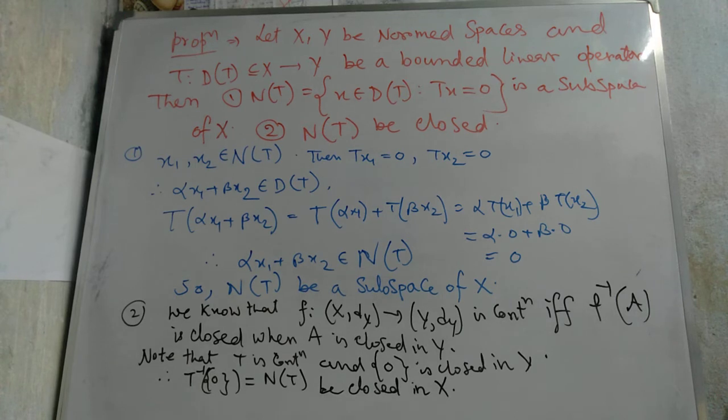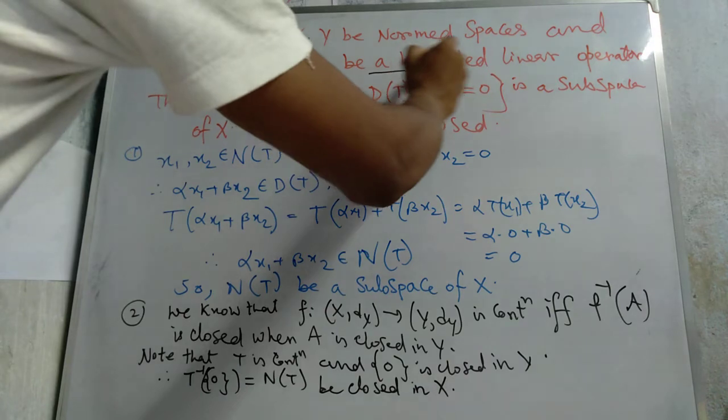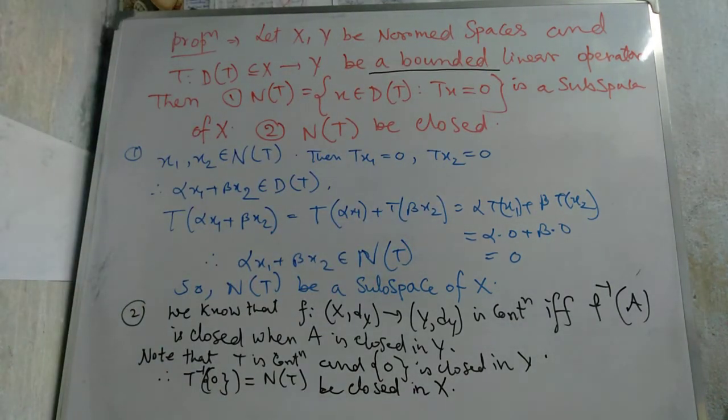Now we're going to one example where N(T) is not closed. Why is N(T) not closed? Because the necessary condition, T is bounded, does not hold.